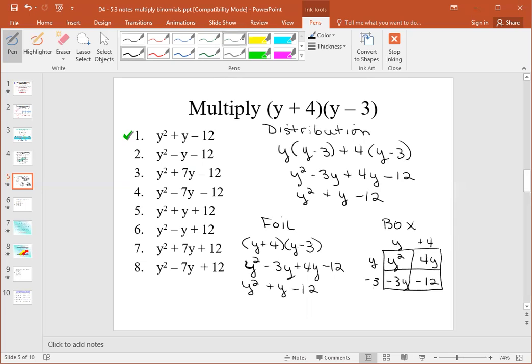Remember now you have to combine what's on the diagonal. So I'm combining this -3y and that 4y. So my answer becomes y squared plus y minus 12. So there are all 3 different ways that you can multiply binomials done with this one equation, and you can choose which one you like to use.